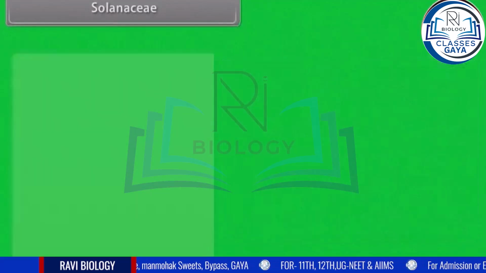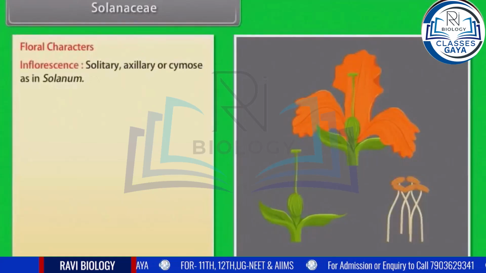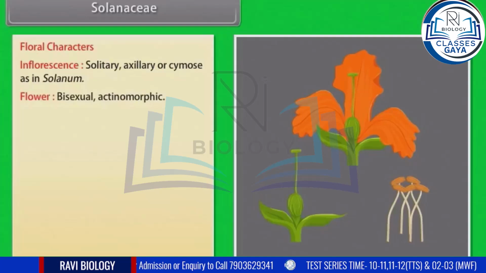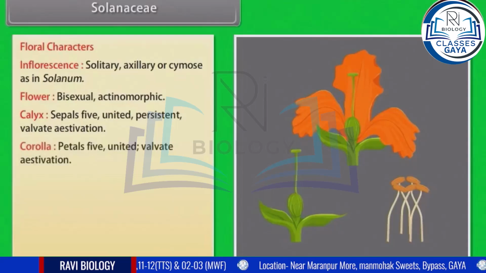Leaves alternate, simple, rarely pinnately compound, exstipulate, venation reticulate. Floral characters. Inflorescence solitary, axillary or cymose as in Solanum. Flower bisexual, actinomorphic. Calyx, sepals 5, united, persistent, valvate aestivation. Corolla, petals 5, united, valvate aestivation.